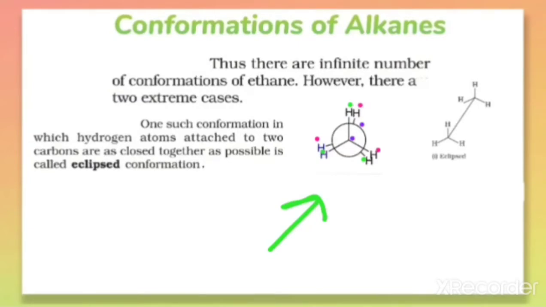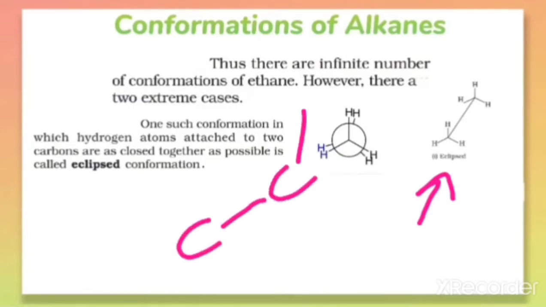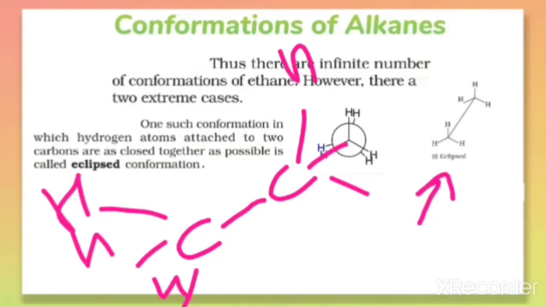But when we view the molecule along the molecular axis, it is projected on the paper by drawing the central C-C bond somewhat like this. We get the structure in this way when we view the molecule along the molecular axis, with 3 hydrogens on each carbon.